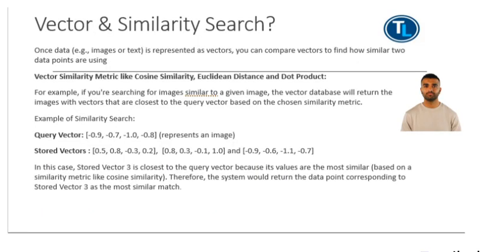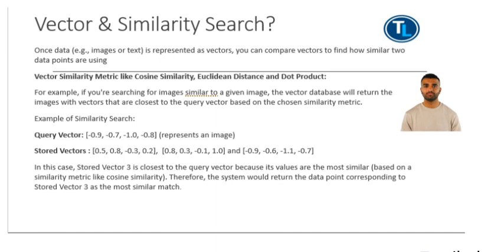If you're searching for images similar to a given image, the vector database will return the images with vectors that are closest to the query vector based on the chosen similarity metric. Example of similarity search. Query vector 0.9, -0.7, -1.0, -0.8 represents an image.